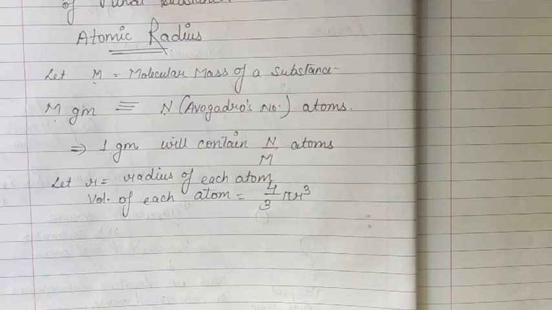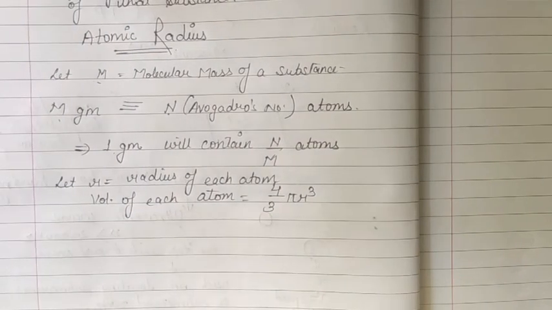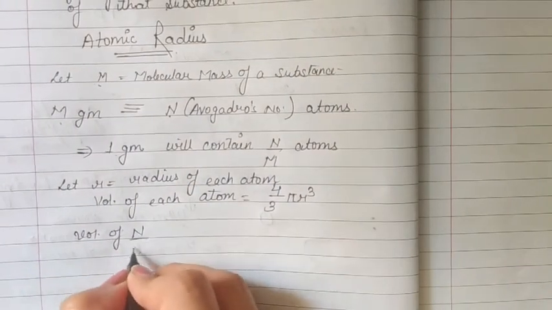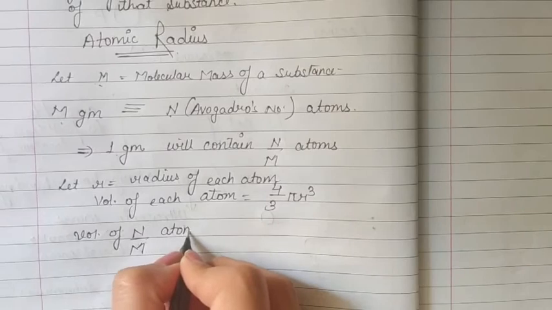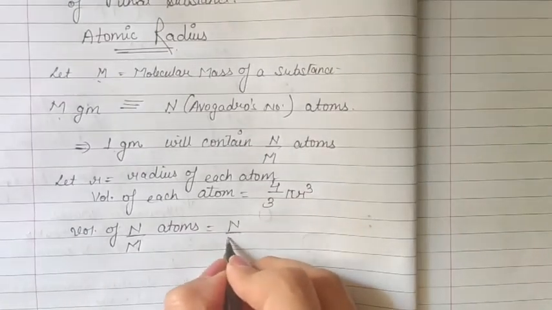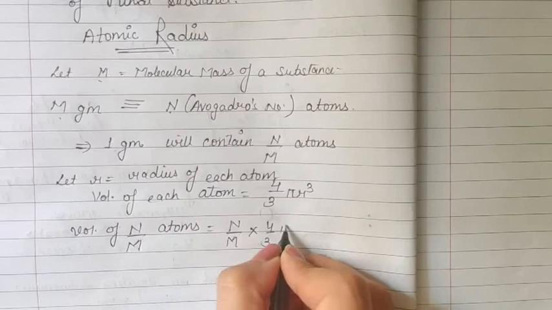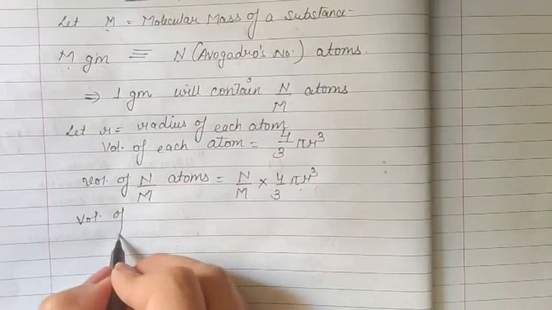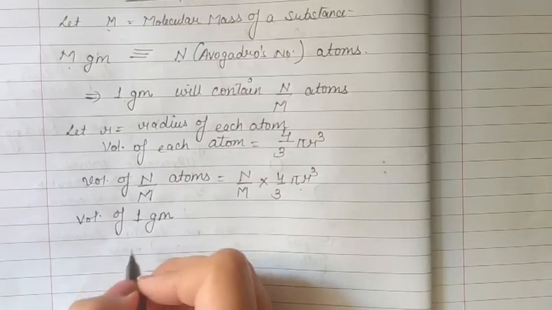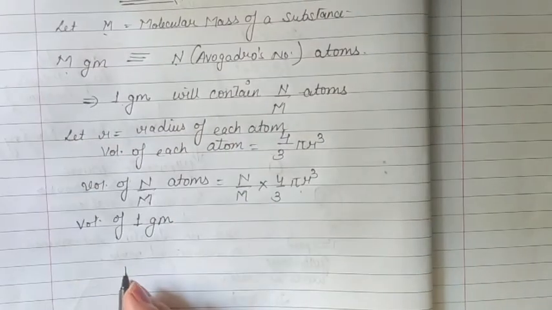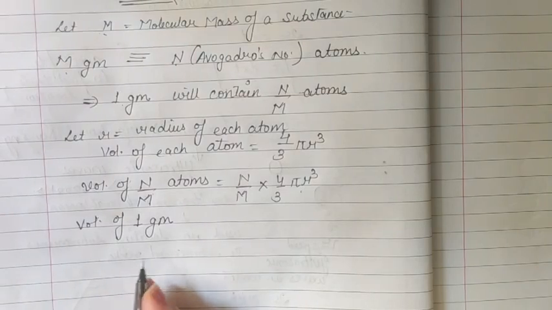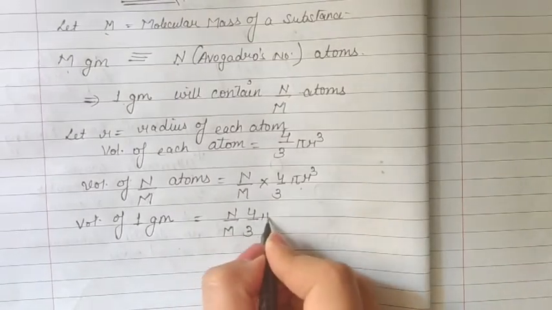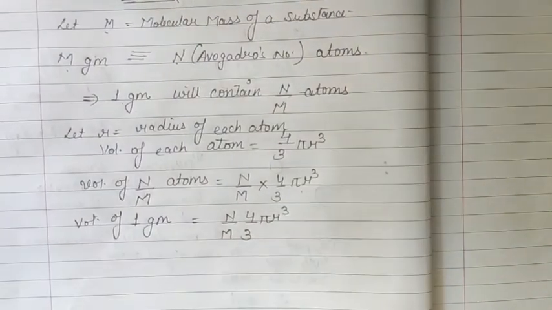Okay, 4/3 pi r cube, and volume of N upon M atoms is equal to N upon M into 4/3 pi r cube, or we can also write it as volume of 1 gram of that substance, because 1 gram contains this much atoms. So volume of 1 gram is equal to N upon M 4/3 pi r cube. So this is the volume of 1 gram.